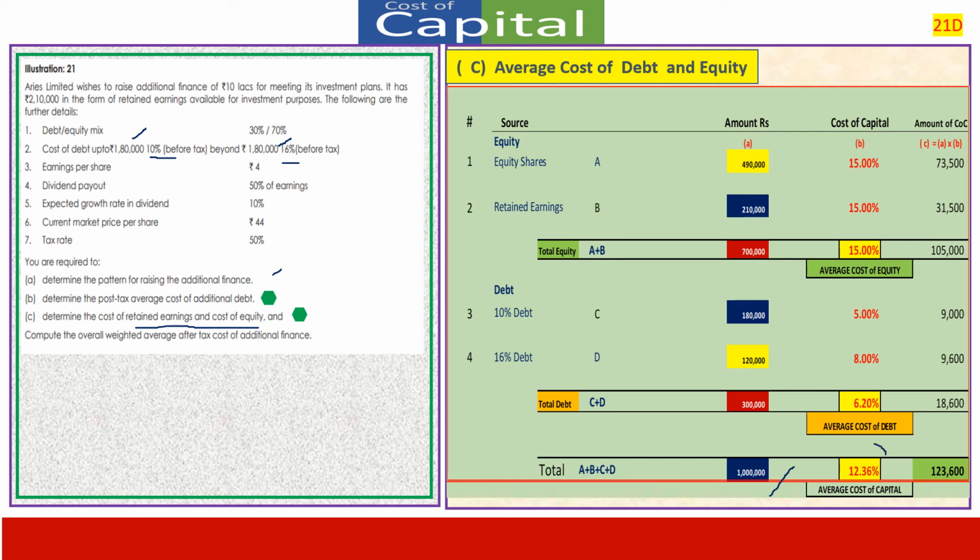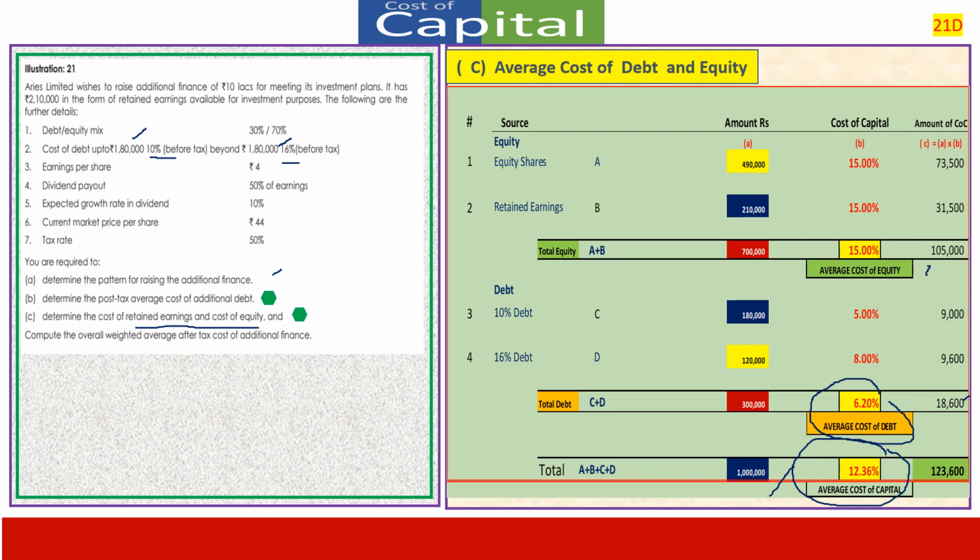On 10 lakh, average cost of capital is 12.36. On 3 lakhs of borrowings, total cost is 18,600. It is 6.2%. On equity, it is the same because 15% is applied, 15%.